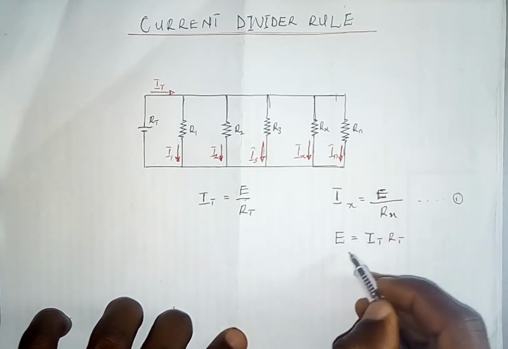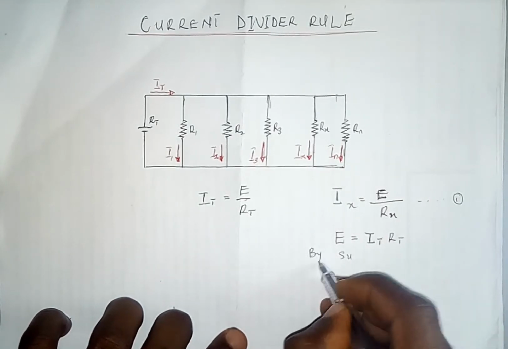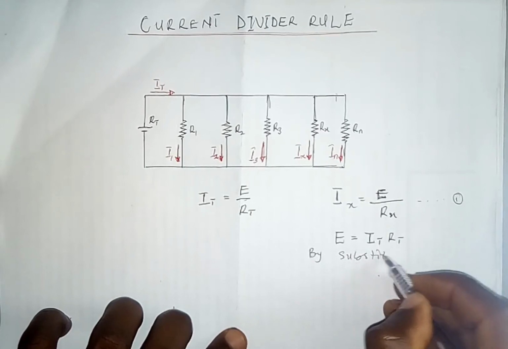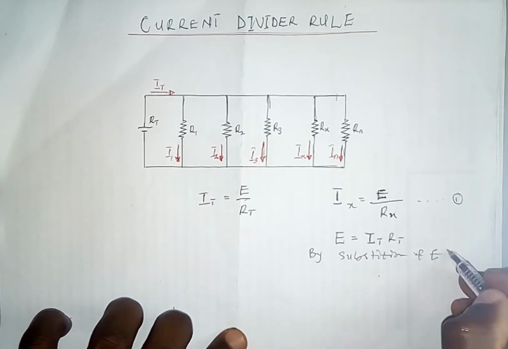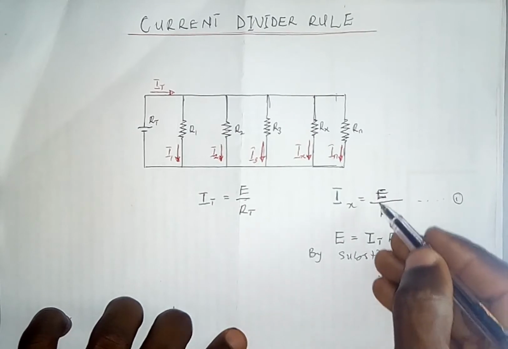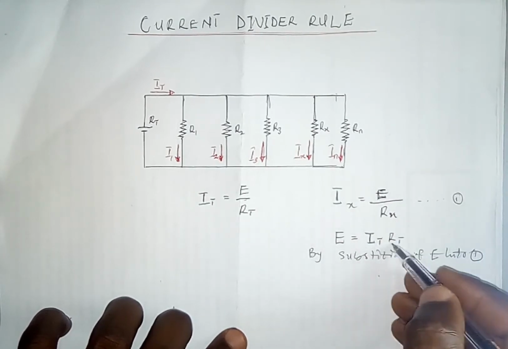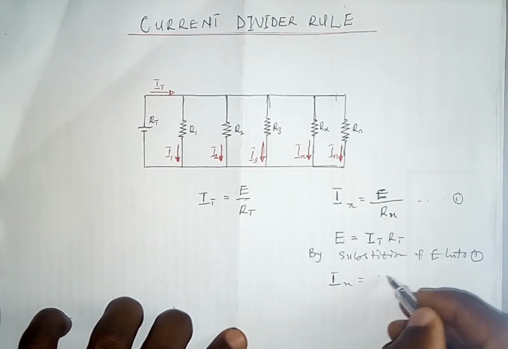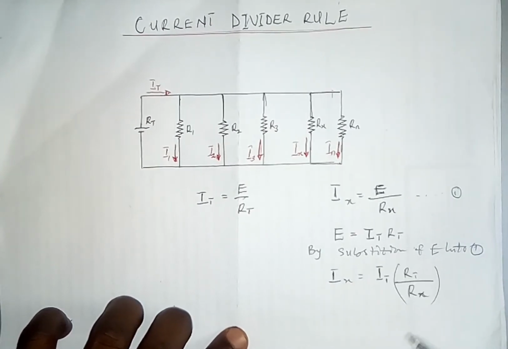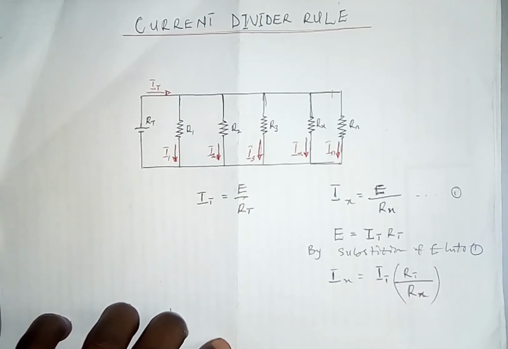Let's substitute this value of E into equation 1. We are going to have Ix equal to IT RT over Rx. That is what we are going to have.